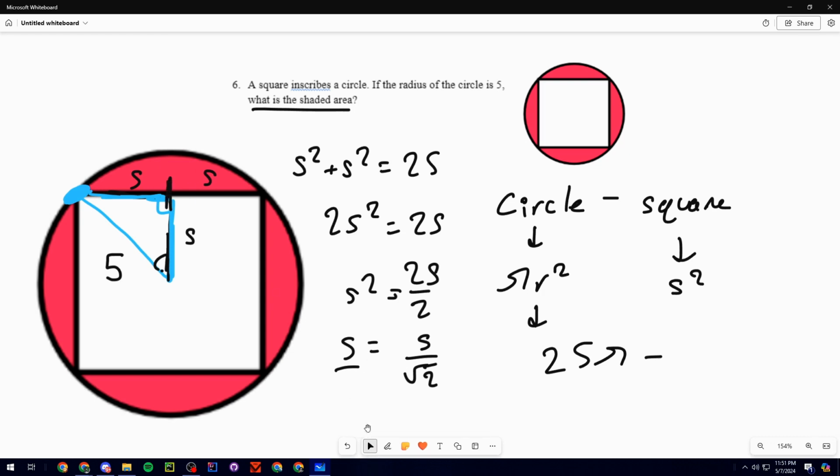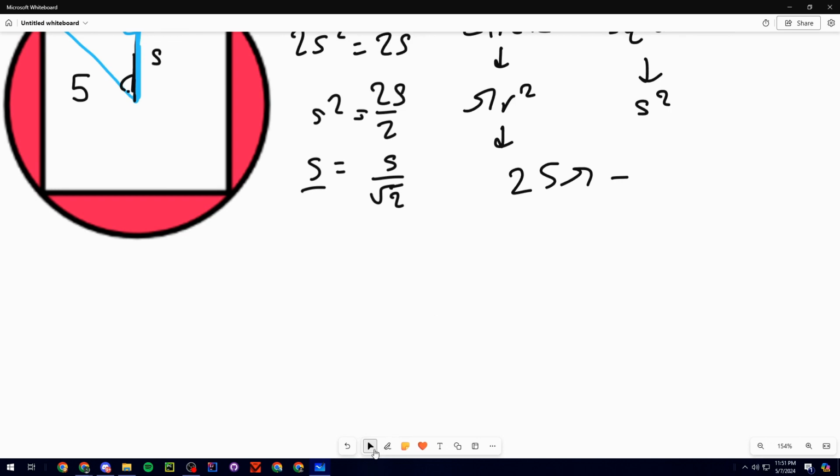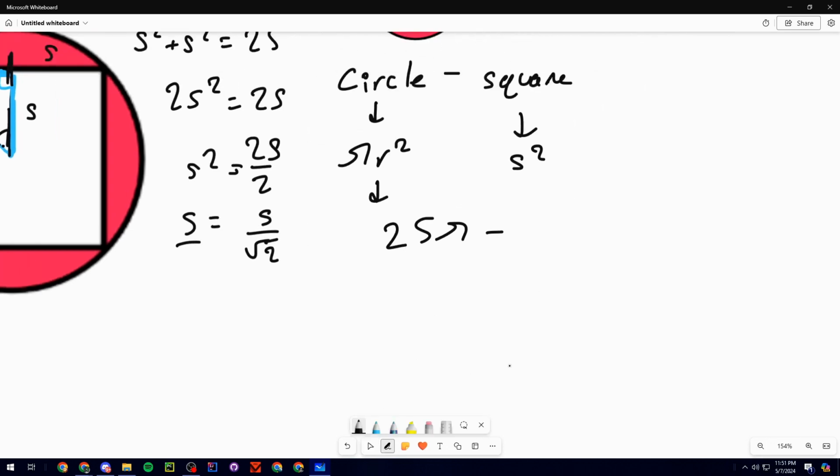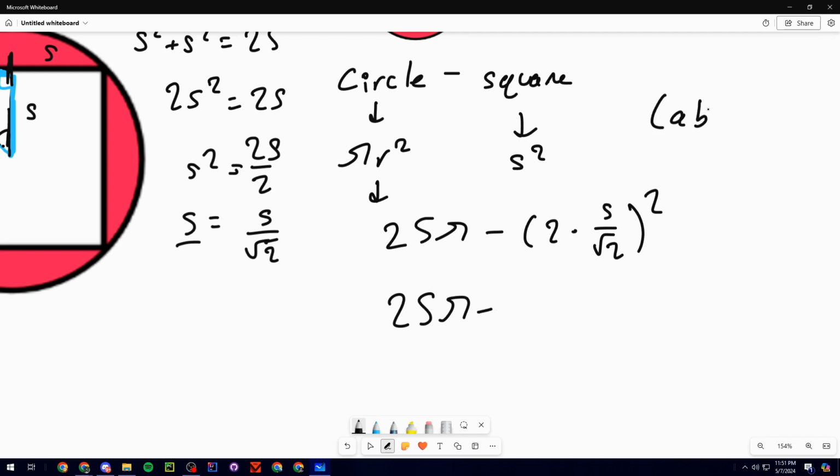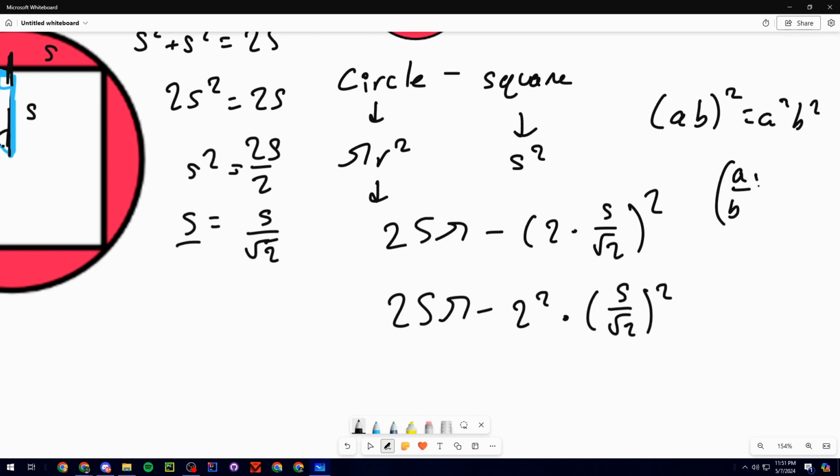That's pretty important, because now we know that the side length that we need to square is going to be 2 times 5 over root 2. So 2 times 5 over root 2, squared. So we have 25 pi minus, and I'm going to use the trick that (ab) squared is equal to a squared b squared. So 2 squared times (5 over root 2) squared. Another trick I'm going to use is that if I have (a over b) squared, that's equal to a squared over b squared.